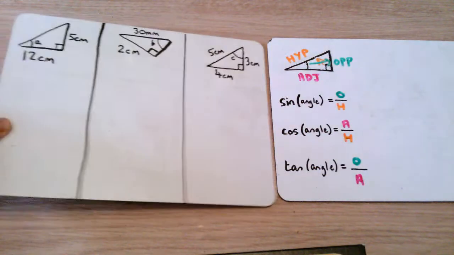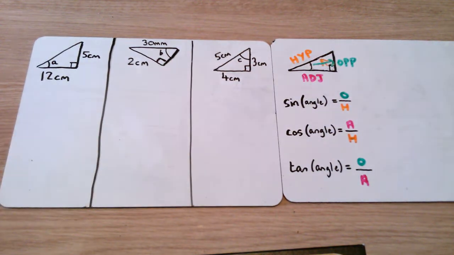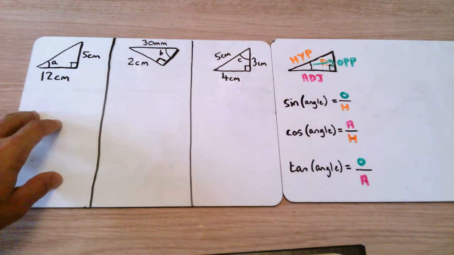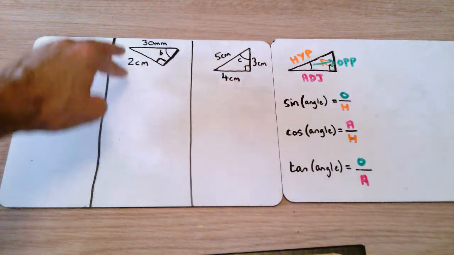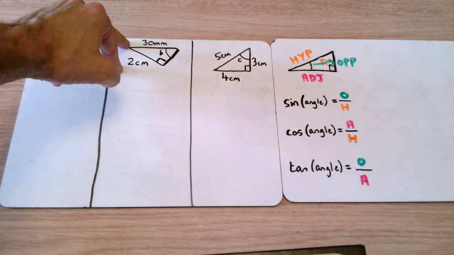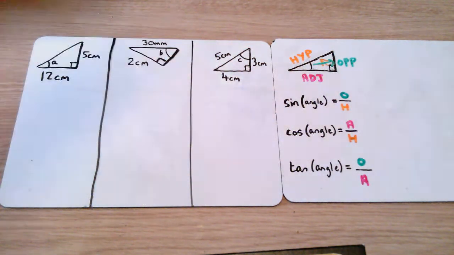Now we have three here, but they all follow the same general layout. You'll notice in the first question we've got lengths with 5 centimeters and 12 centimeters. Second question has lengths of 2 centimeters and 30 millimeters, and the last question has three lengths of 3 centimeters, 4 centimeters, and 5 centimeters. And all of these are slightly different, but we still follow the same layout for these questions.